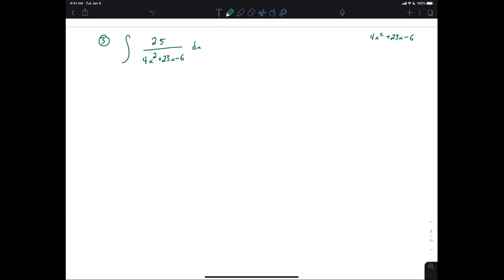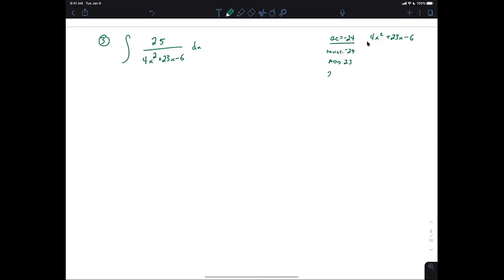And there are a couple ways to go about it. Probably the most straightforward way is you take AC. So like A is 4, B is 23, C is -6. And so you need to come up with 2 numbers that multiply to AC, so multiply to -24 and add to B, which is 23.